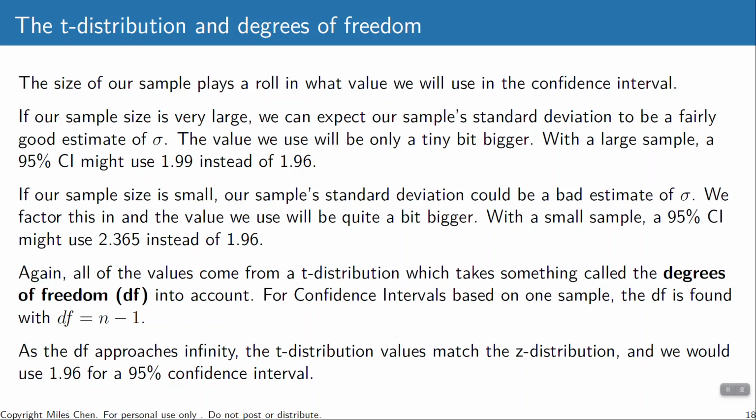But one thing to note is that as your degrees of freedom approaches infinity, we're taking bigger and bigger samples that approach infinity in size. In that case, your t distribution will end up matching the z distribution, the normal distribution. You would not need to do any kind of compensation, and you would just use 1.96 for a 95% confidence interval.